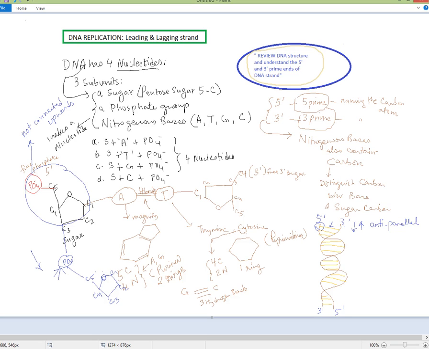So now let's talk about the 3 prime end. Here, this is the 3 prime end. When this carbon 3 is not connected to a phosphate group, like it is connected over here, this end is free. It has only a hydroxyl group, OH.